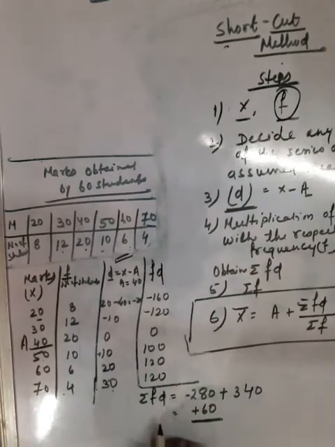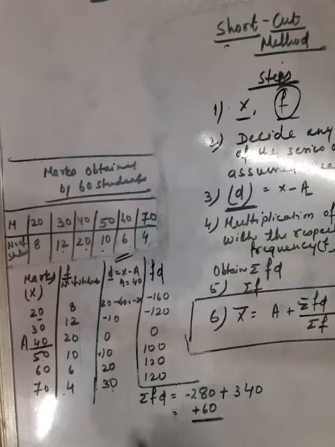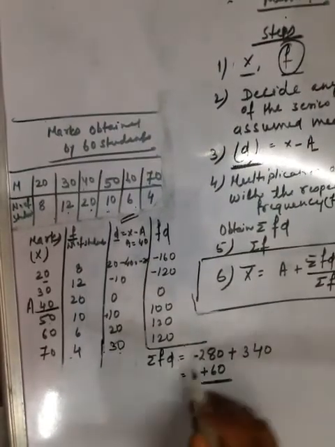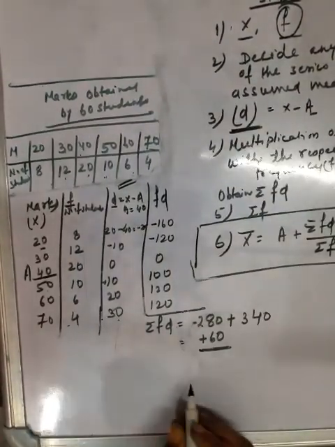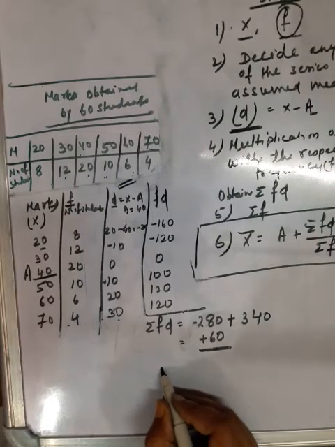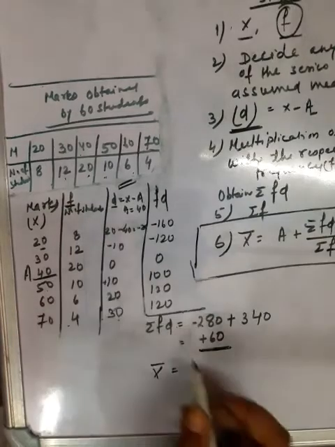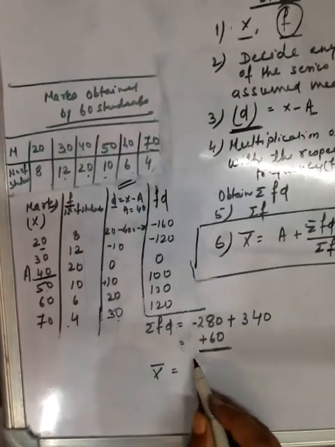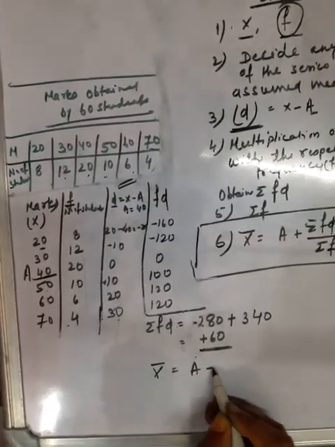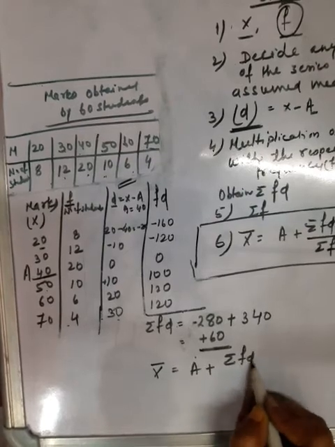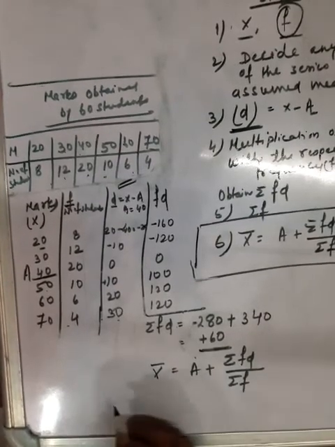Okay, now we will put it in the formula. The average marks of these students by the shortcut method is A plus summation of fd by summation of f.